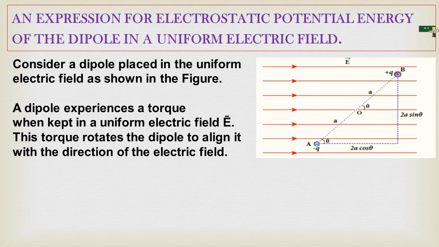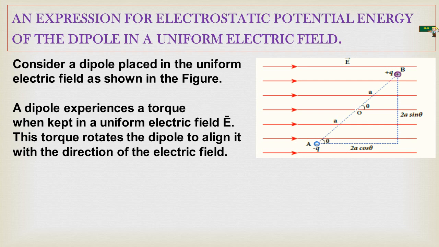Now let us consider a dipole. That means A and B are the two ends of the dipole. A has minus q charge and B has plus q charge.